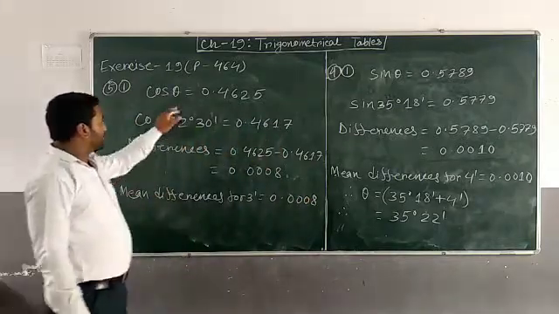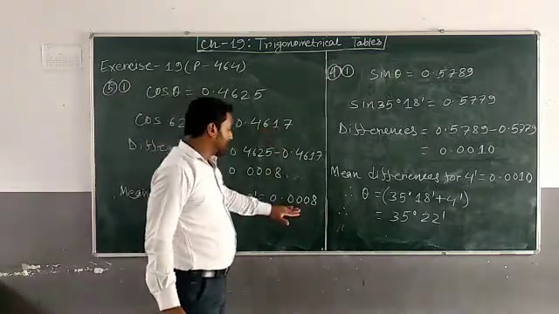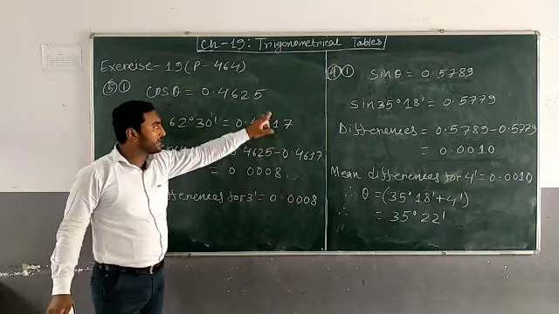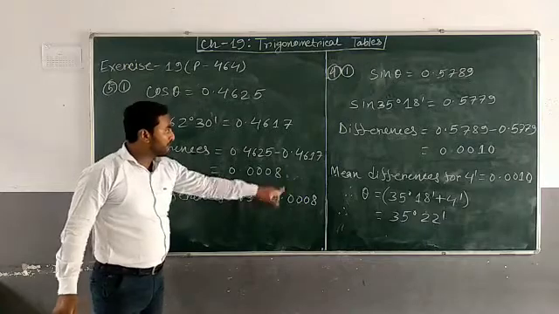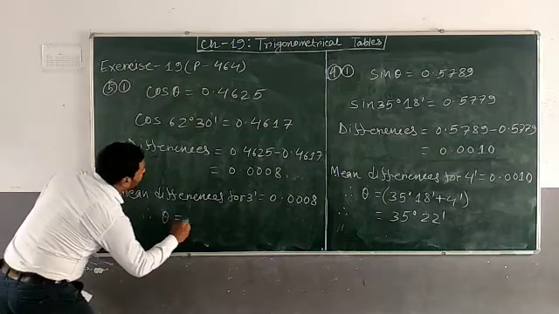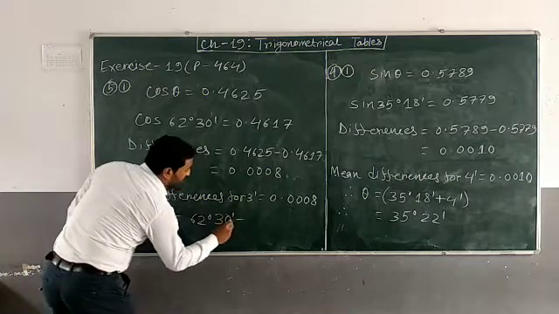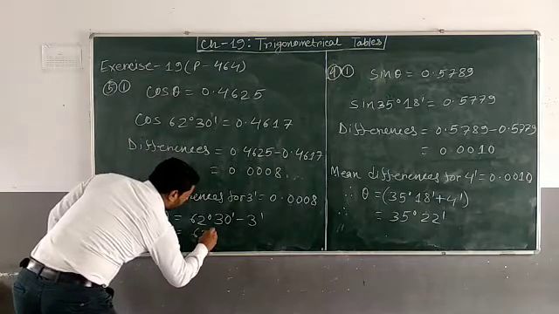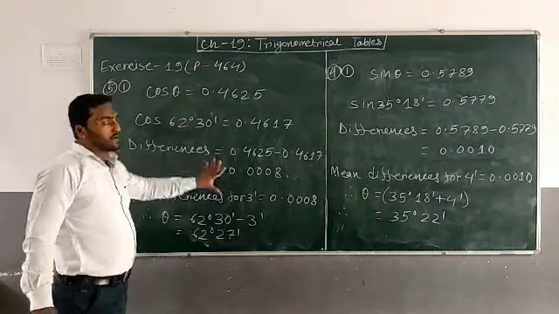These two values will be added, 0.4617 plus this one becomes 0.4625. As the value is increasing, the angle will decrease. So finally theta equals 62 degree 30 minutes minus 3 minutes, that is 62 degree 27 minutes.